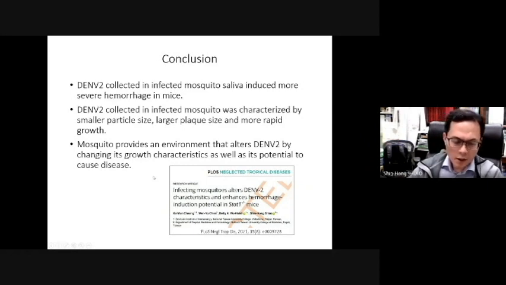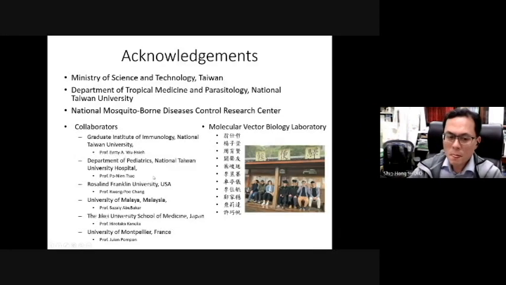And so we have shown that the mosquito provides an excellent environment that can change dengue virus by changing its growth characteristics as well as its potential to cause disease. This work was published in 2021 in PLOS NTD.